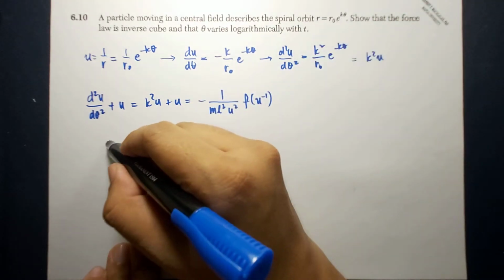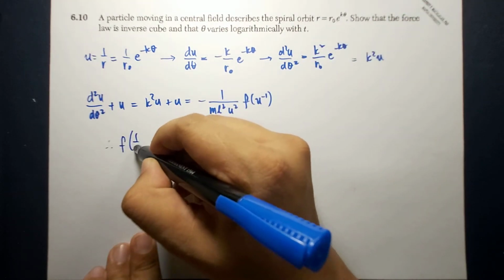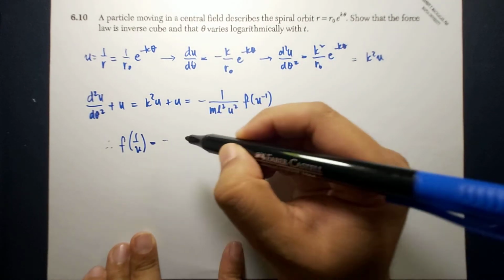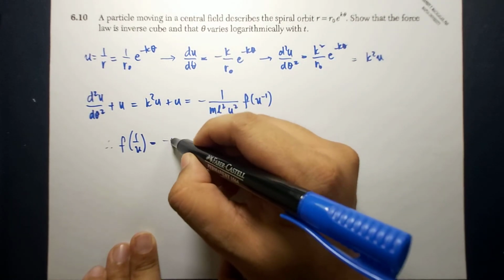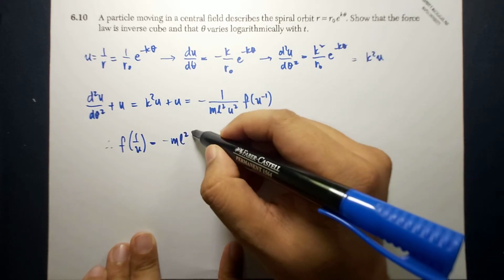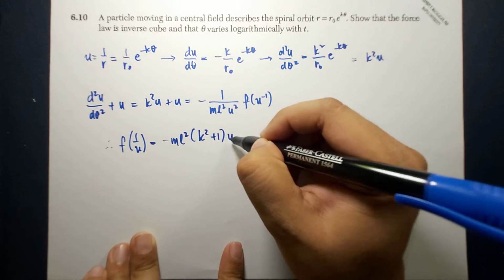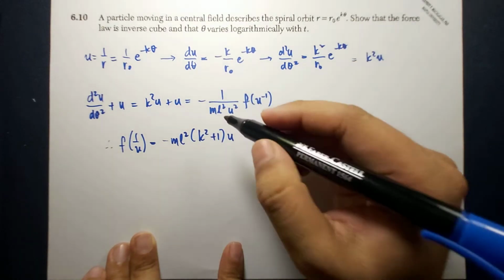So therefore, f of 1 over u is equal to negative m l squared times (k squared plus 1) u cubed.